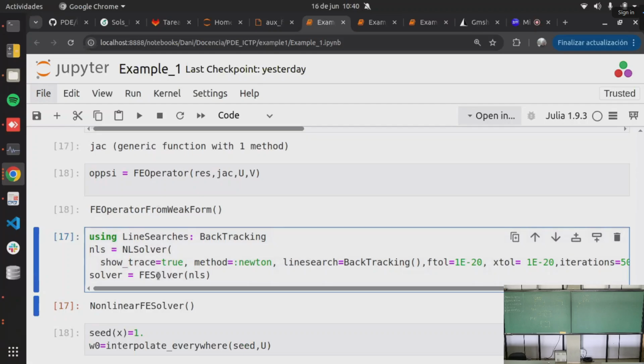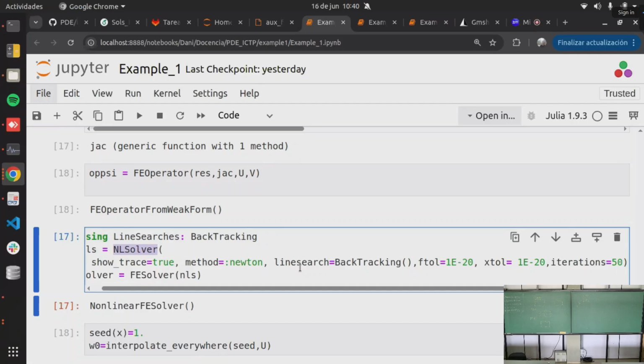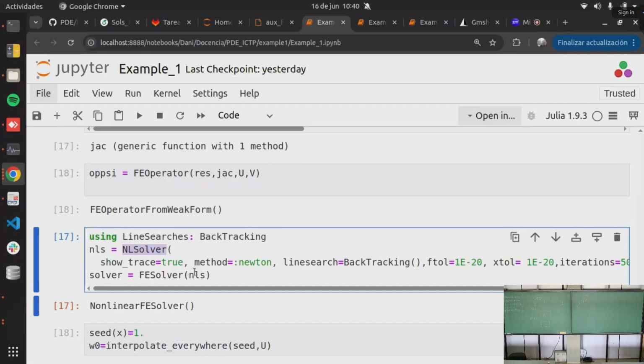Remember that we solve it in an iterative way. So in each step, we are solving a linear problem. So the nonlinear solver must have information to solve a linear equation.